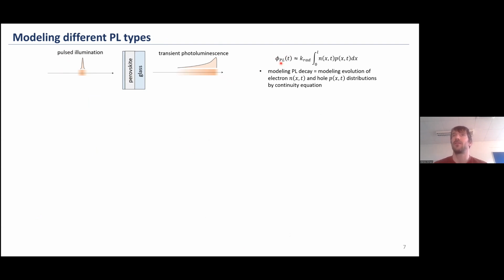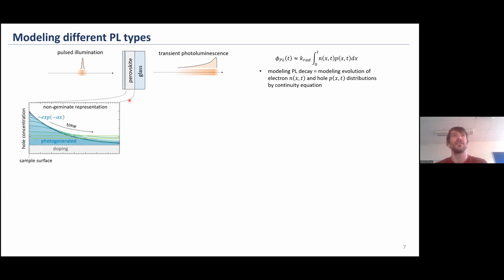This is the emitted photon flux here, and it just depends on the external radiative coefficient, and then on the distribution of the electrons and the distribution of the holes inside your material. So modeling trPL decays comes down to modeling the evolution of these electron and hole distributions, for example, by the continuity equation.